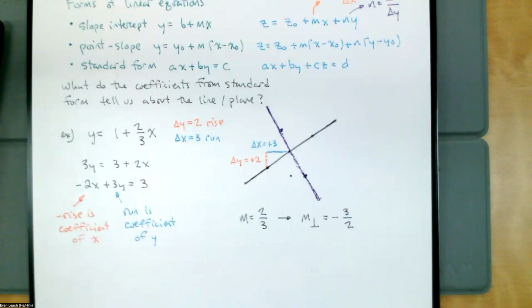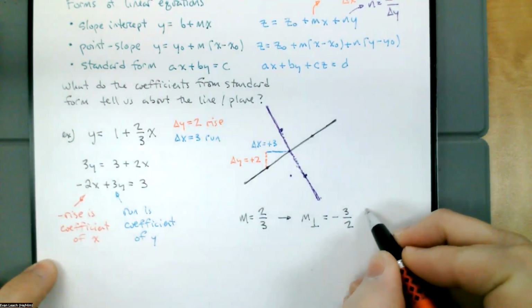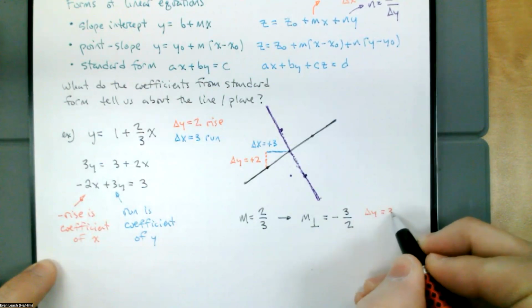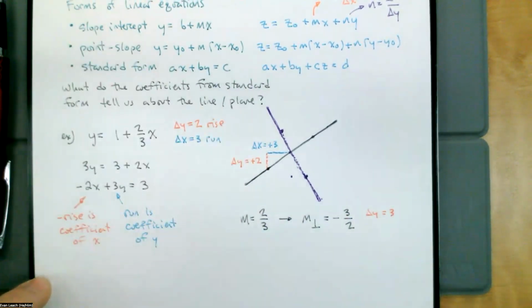So our slope is -3/2. Now let's break this into a rise and a run. Our perpendicular rise I can read as a +3.